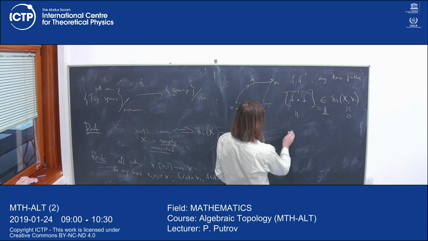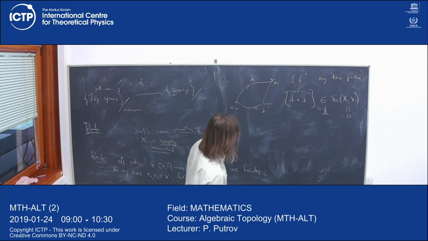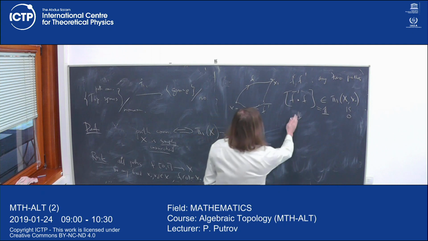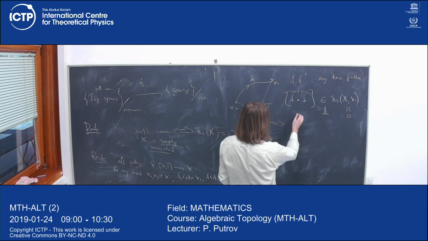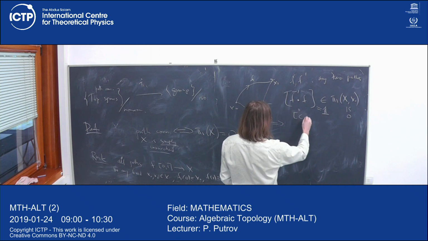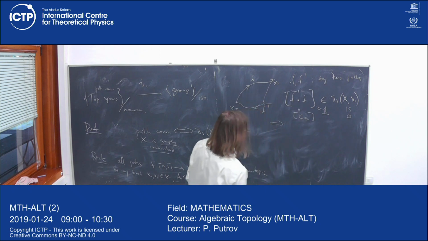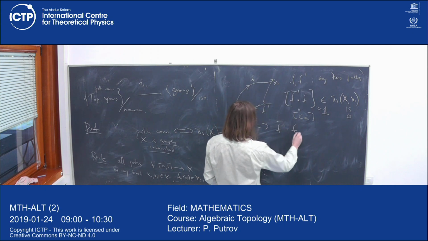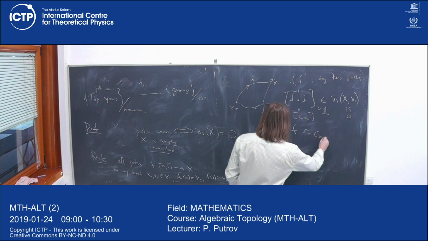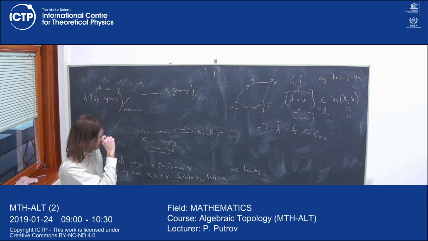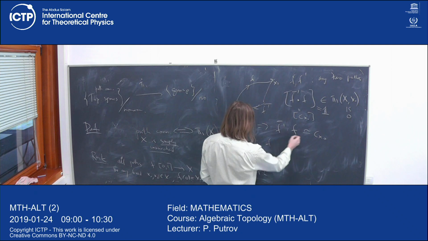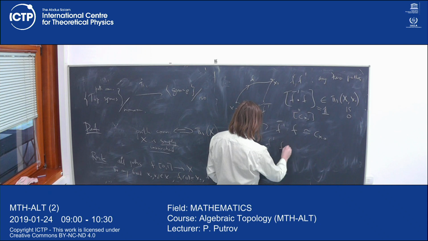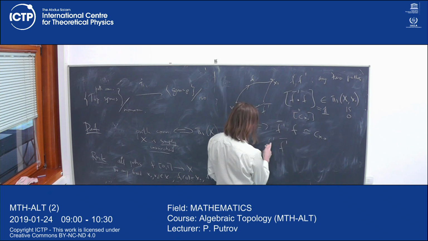From this it follows that the identity can also be represented by constant paths. So it follows that f prime bar composed with f is homotopic to a constant path. Let me multiply this equality up to homotopy on the left by f prime.